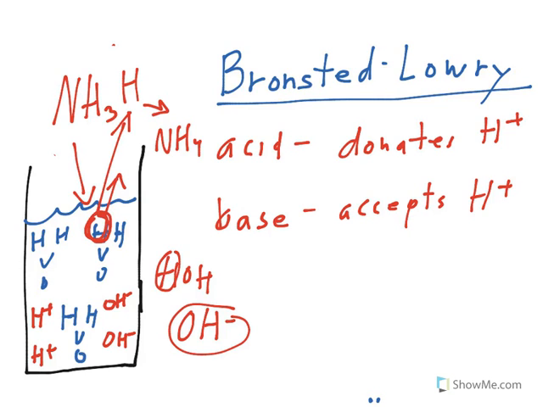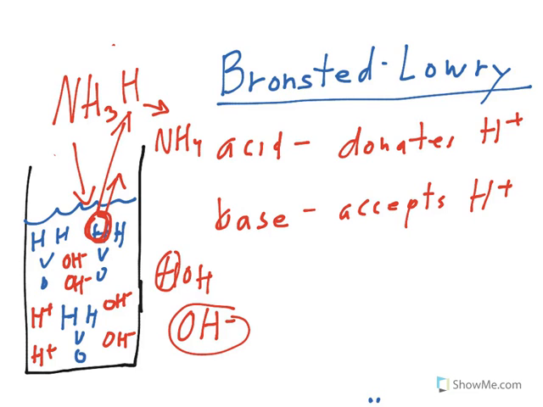So if I pull enough hydrogens off, that is an alternative way for me to increase the amount of OH minus. You see how they do that? So this is the other definition, and this definition accounts for ammonia. It explains why ammonia is a base. So this definition is a little bit broader, and it's a little bit better.